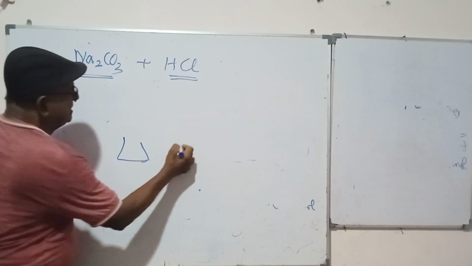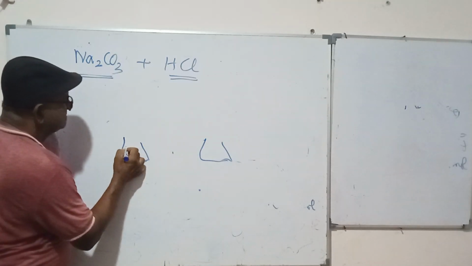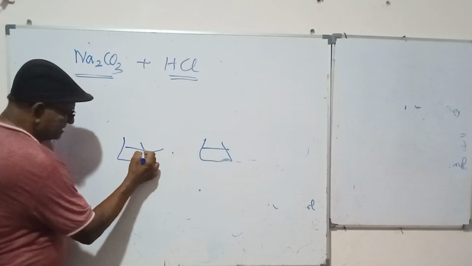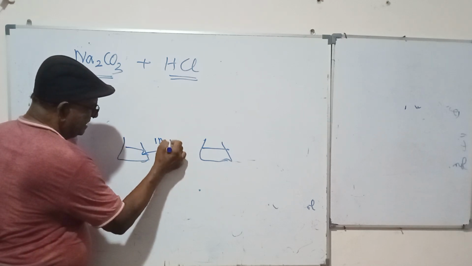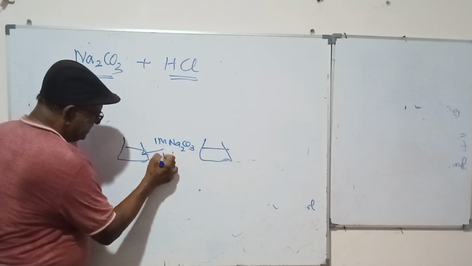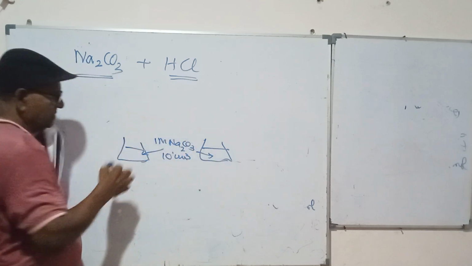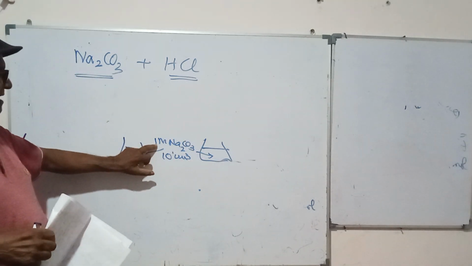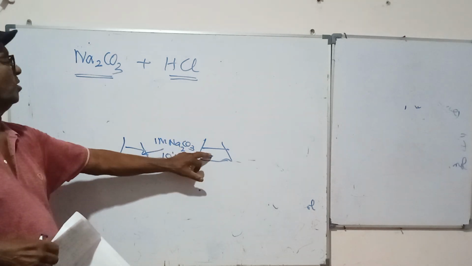Then, to study this reaction, experimentally we are taking two titrations. Both are identical. In each, Na2CO3 10 cubic centimeter volume is taken, sodium carbonate 10 cubic centimeter in both.